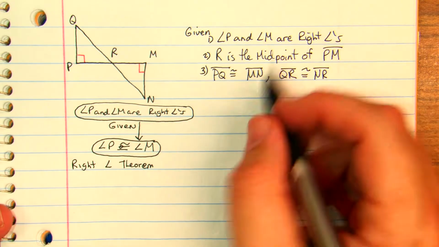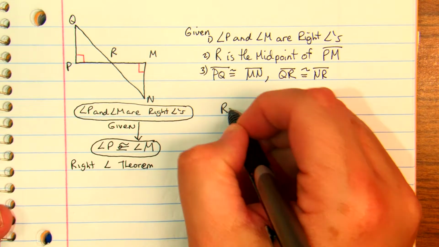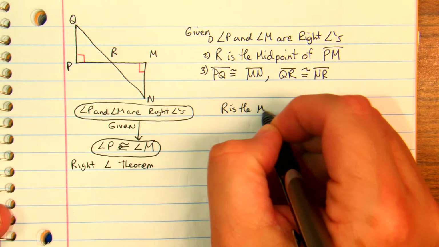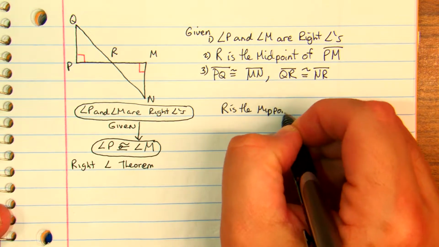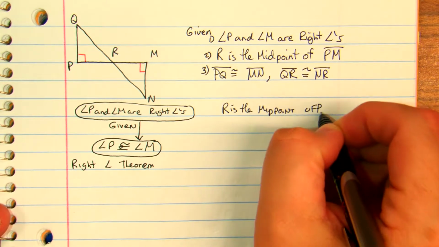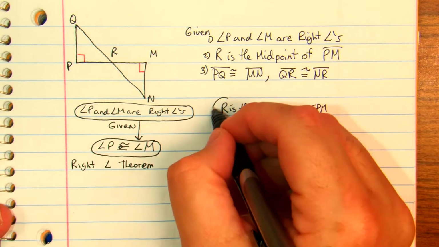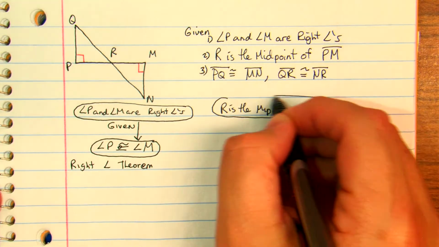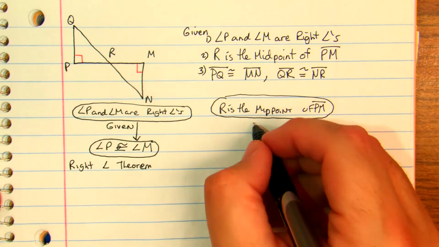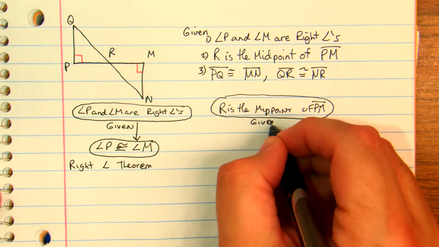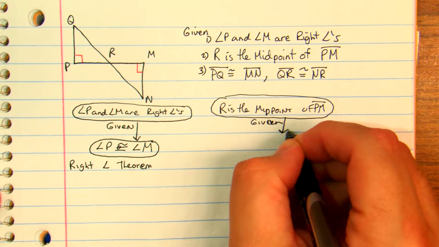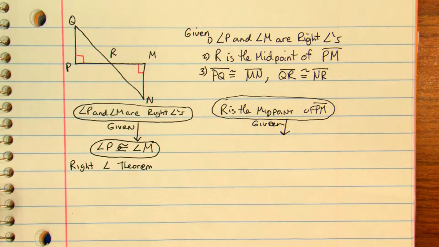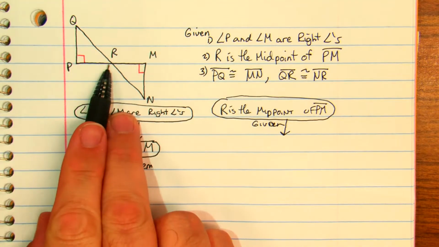Now we'll take the next one. R is the midpoint of PM. Now, what does a midpoint do to a segment? What is R going to do to PM?